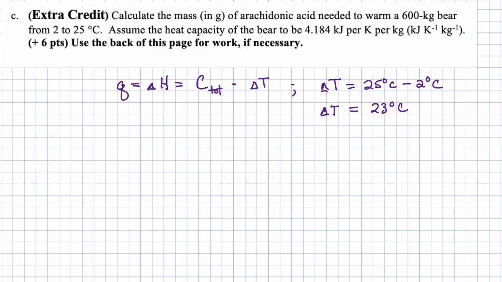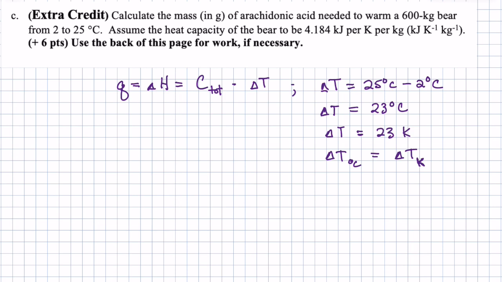All right, we don't have to worry about the 273 degree factor. Let me just write that down. Delta T in degrees Celsius is equal to delta T in kelvins.